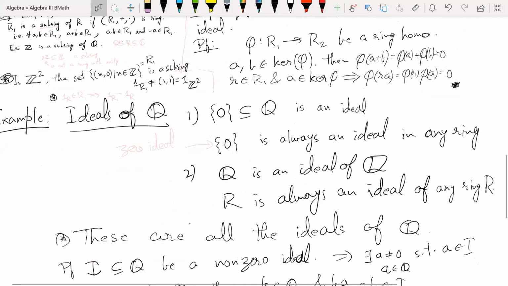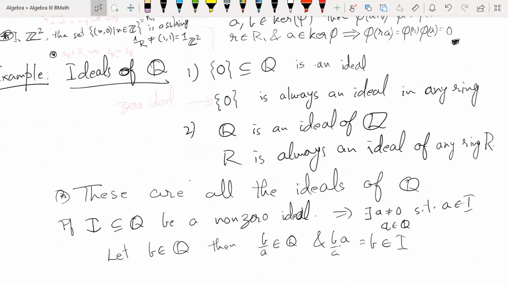That tells you that B belongs to I. So what we have shown is that every rational number is in I. So this implies I equals Q.